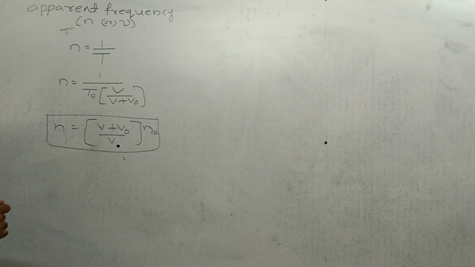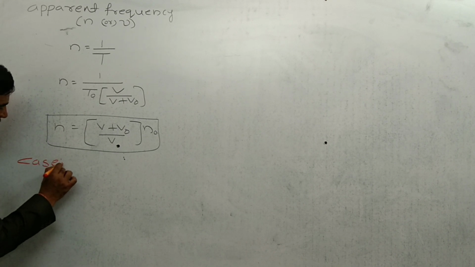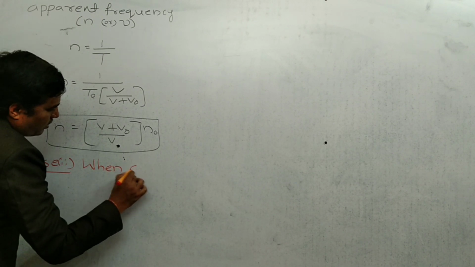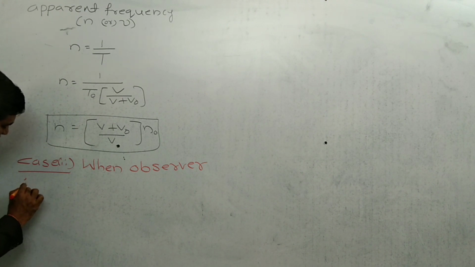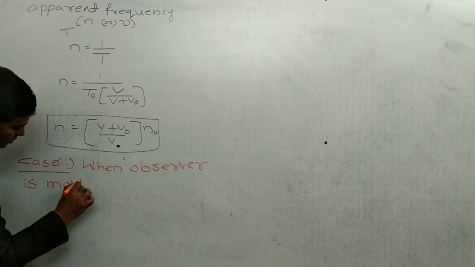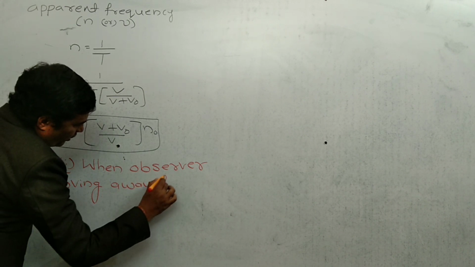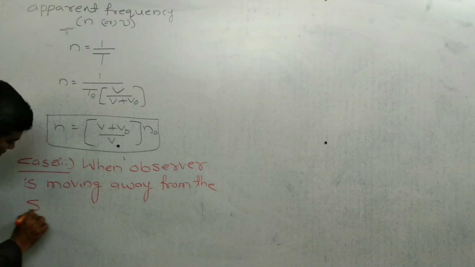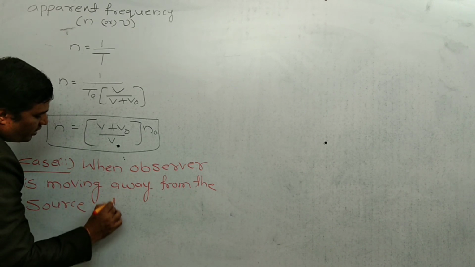In the next case, the observer is moving away from the source. Case 2, when the observer is moving away from the source, source at rest.